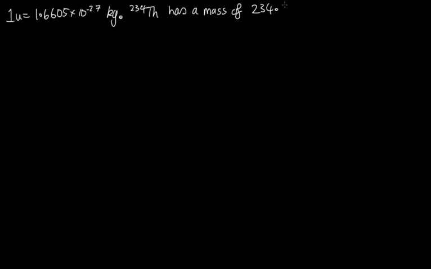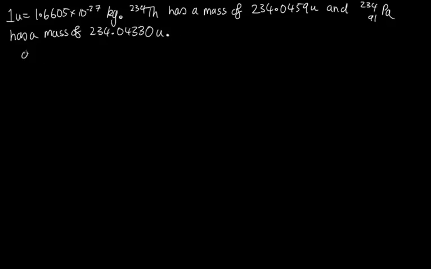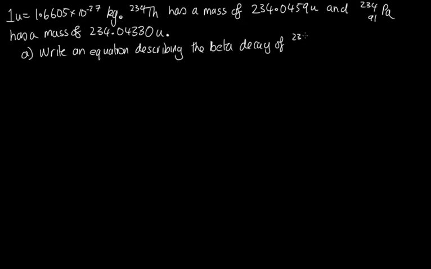Thorium-234 has a mass of 234.0459 atomic mass units, and protactinium-234 has a mass of 234.04330 atomic mass units. Part A: write an equation describing the beta decay of thorium-234. Part B: explain why the mass of the electron is not included when calculating the energy released.